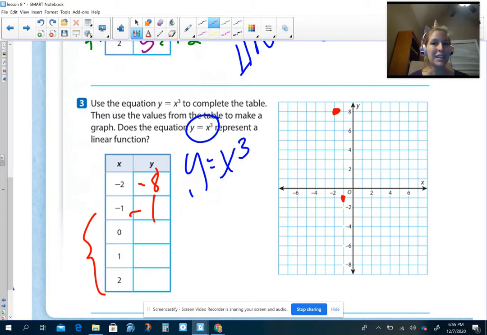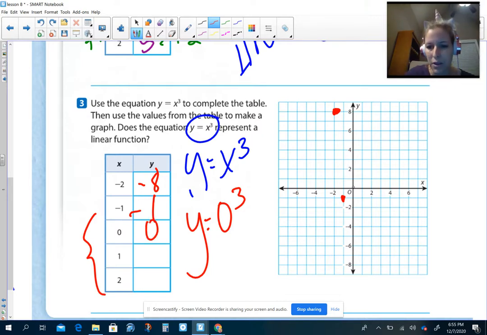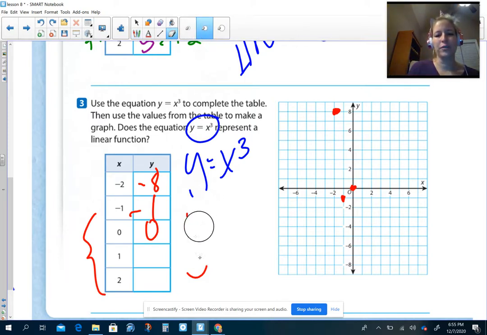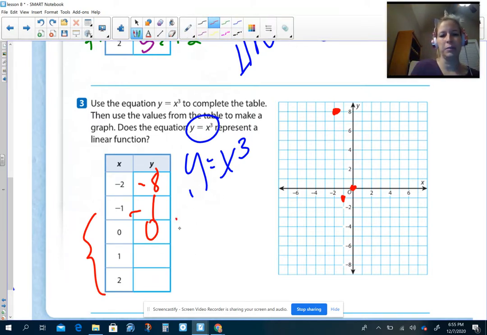Okay, did you pause it and finish? Let's see. Okay, so y equals 0 cubed. Well, 0 times 0 times 0, I'm not even going to worry about that, so we're going to put that one there. This is going to be fun. I know, I'm a nerd. I know. I've been told, even by my son. Okay, what's 1 cubed? 1 times 1 times 1. Yeah, okay, that's just 1.